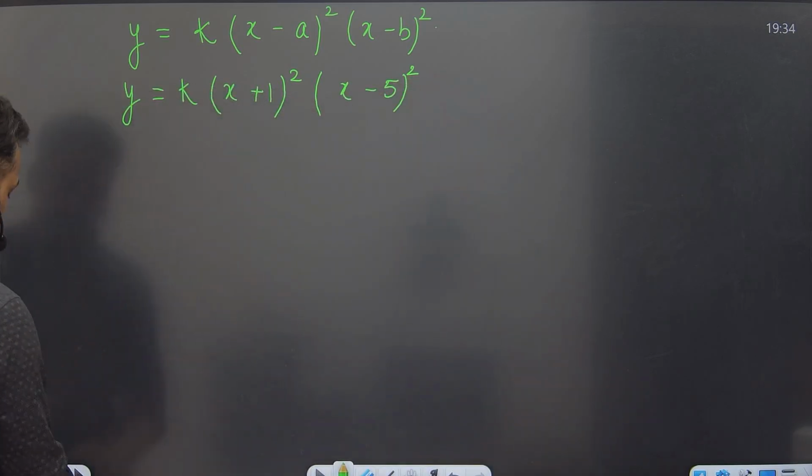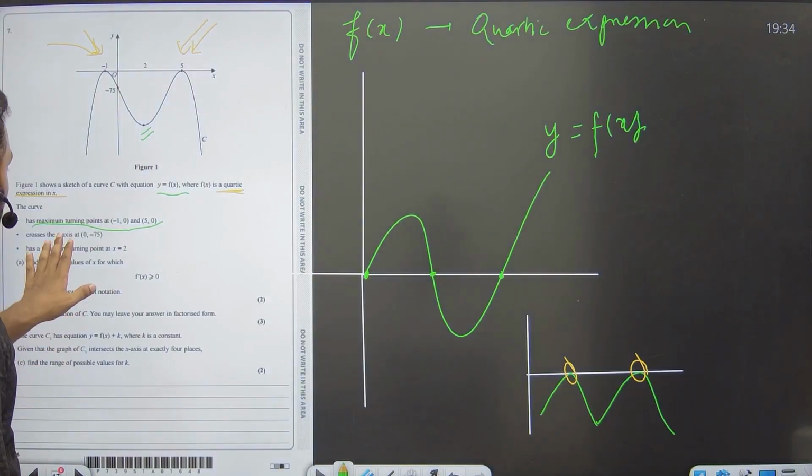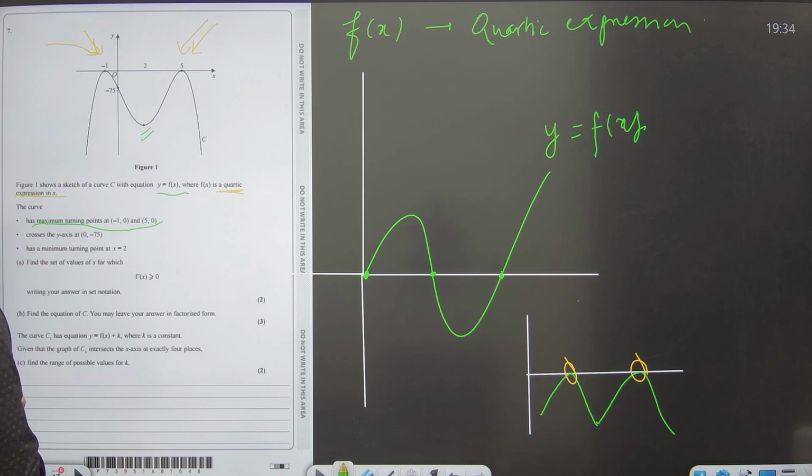Now, according to the question, this curve has maximum turning points at (−1, 0) and (5, 0).